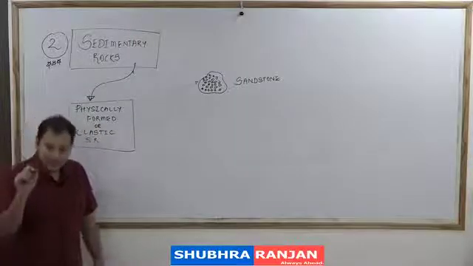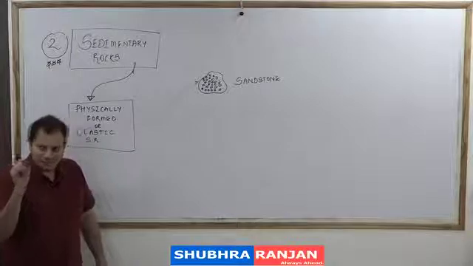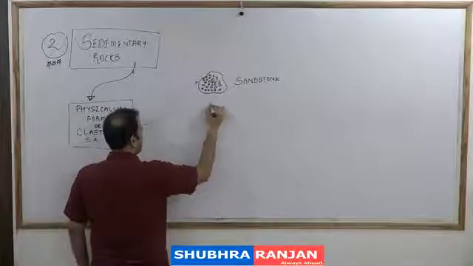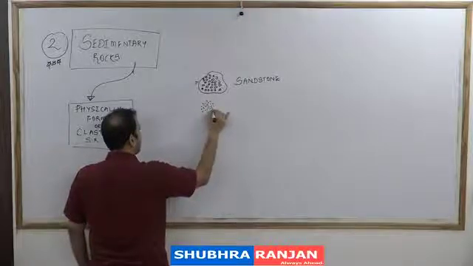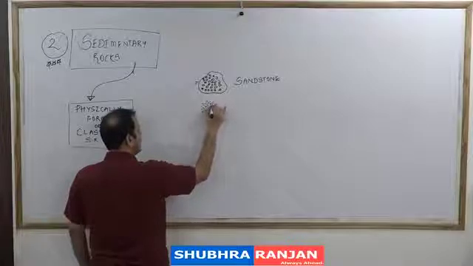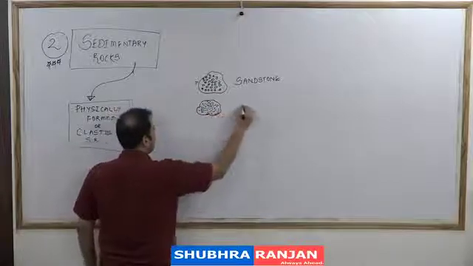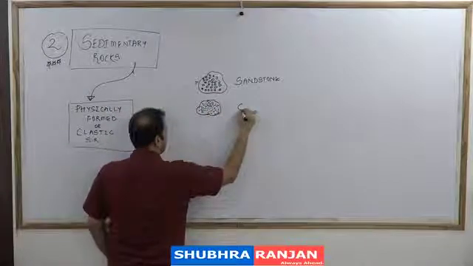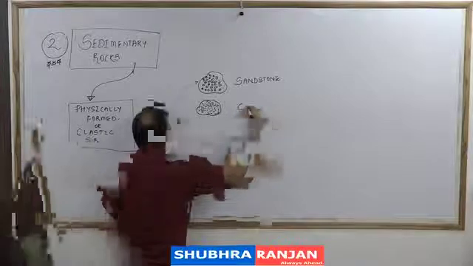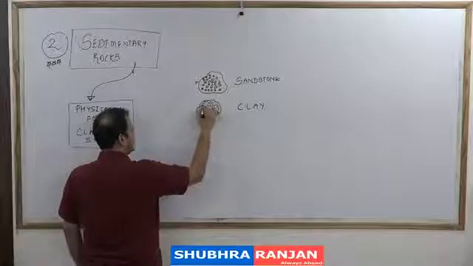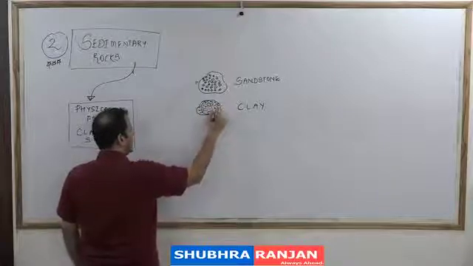If the size of the particles is smaller than sand, and if they become compacted together, it will result in the formation of a rock, because it is made up of minerals which are similar to clay.